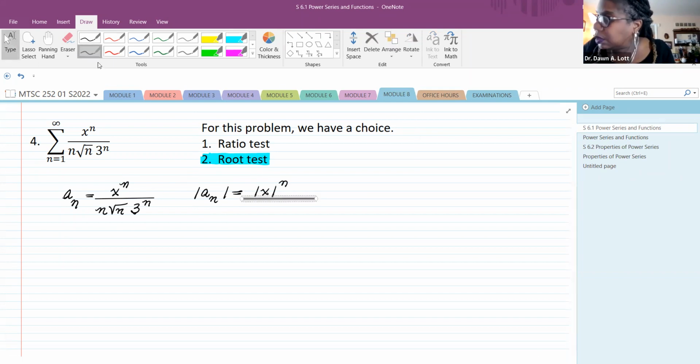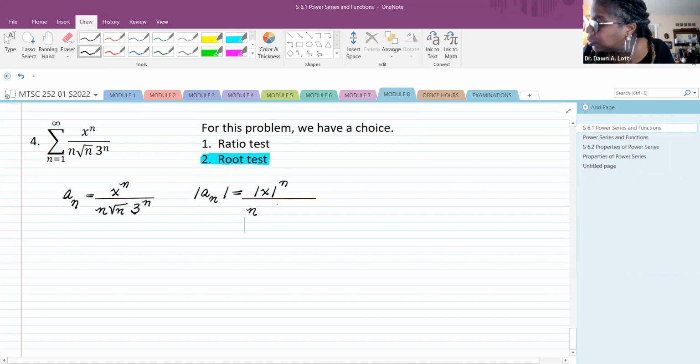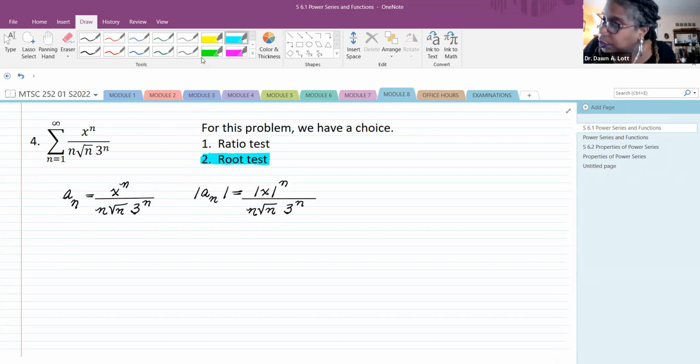And then the n, the square root of n, and 3 to the n don't change. Notice, this series starts at 1. Can't start that series at 0. So some series will not start at 0. Okay, any question about this so far? Okay.